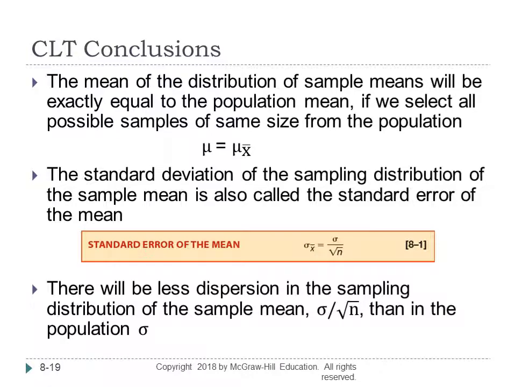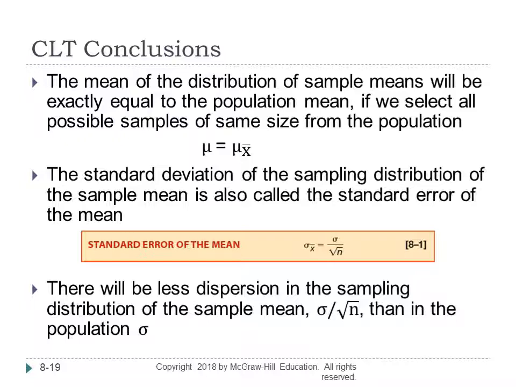Next, we made a statement that the variance in the sampling distribution is less. Now we already know the mean for the sampling distribution will equal the mean of the population. What about the variance? We said the variance for the sampling distribution will be less than the original population.